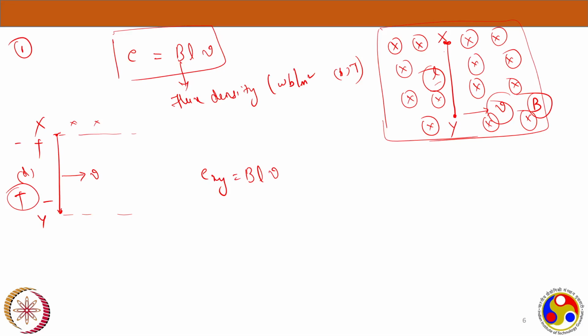Right hand rule says if your forefinger denotes the direction of the magnetic field B, and your thumb denotes the direction of velocity V, the tip of the middle finger will give the polarity of the voltage induced, which is positive. Wherever the tip is, it should be the positive polarity of the voltage induced.